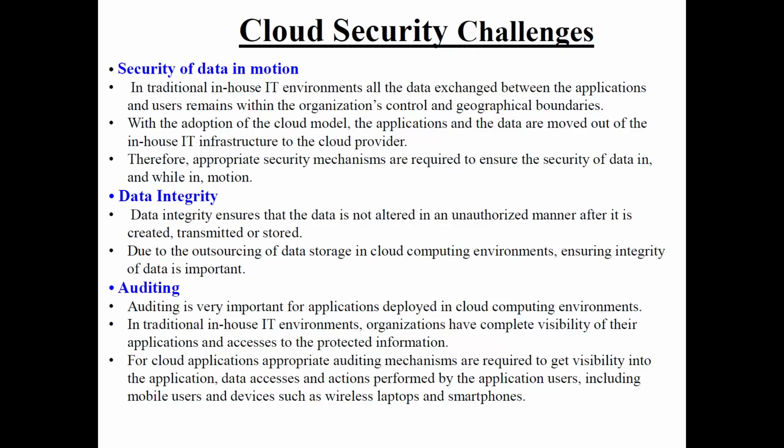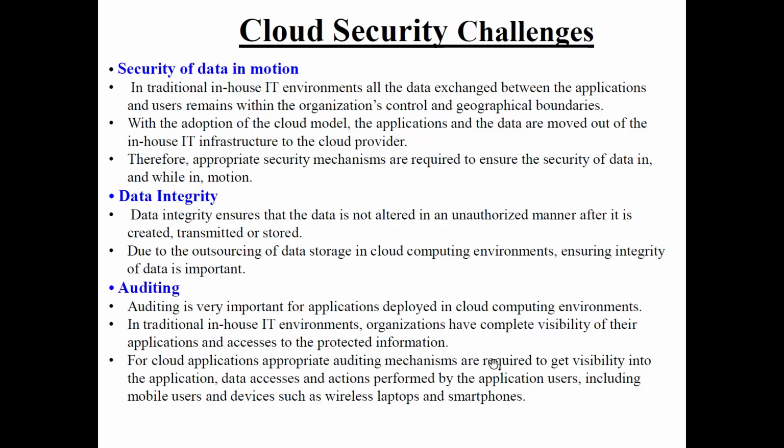However, in a cloud computing environment, auditing mechanisms are required to get visibility into the application, data accesses and actions performed by the application users, including mobile users and devices such as wireless laptops and smartphones. We'll look at these six key challenges and the solutions for them in detail in today's lecture.